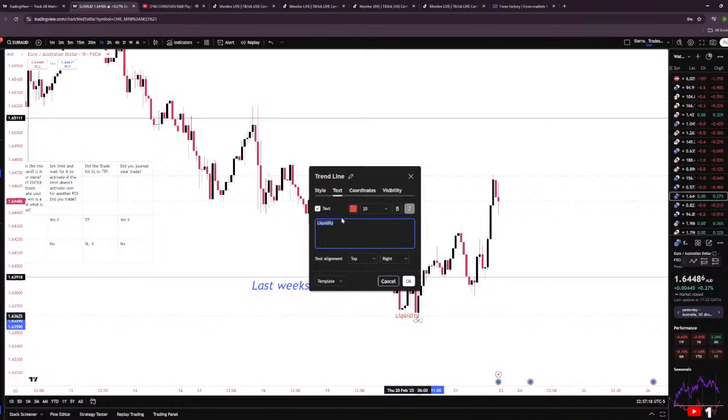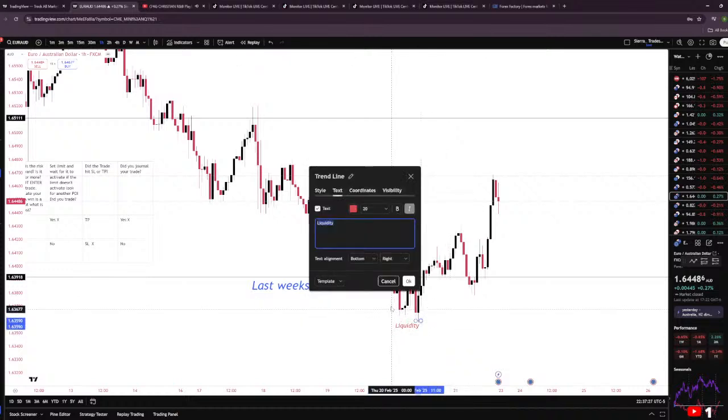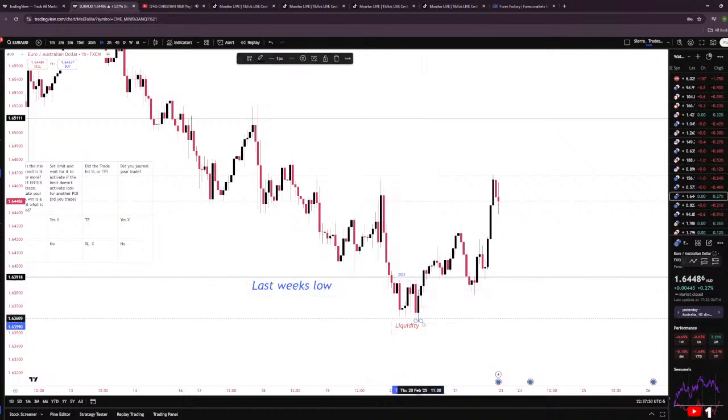All right, that little baby move right there. I want to make sure it's the right line. Let's actually do it like this. Delete that.